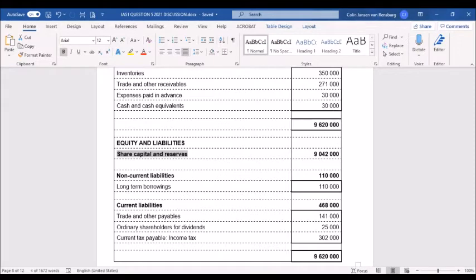So your share capital will be your different classes of share capital: ordinary share capital, like we had in this question, and next term we're going to encounter another class, preference shares. We'll have a different column for them.